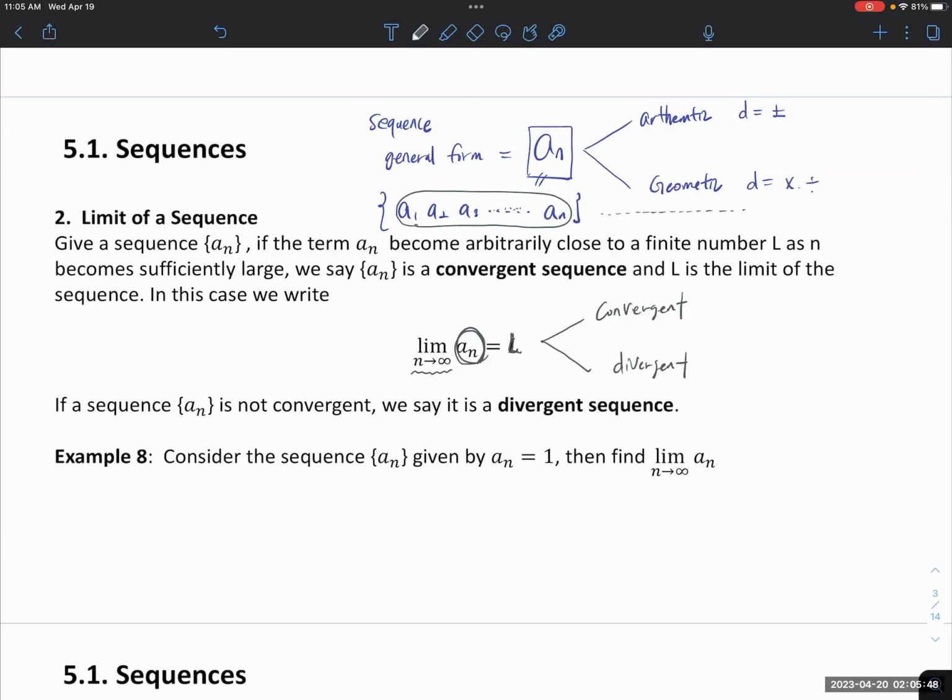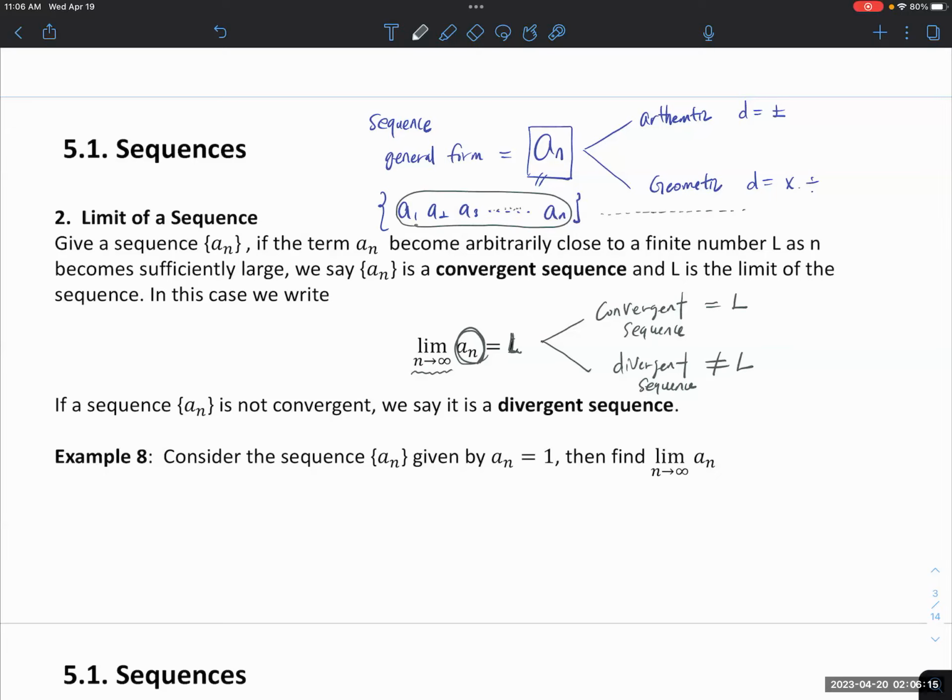If you don't have some number that they're heading to, it's going to be a divergent sequence. So we are going to talk about how to determine whether the given general form of the sequence is a convergent or divergent sequence. That's our goal today.